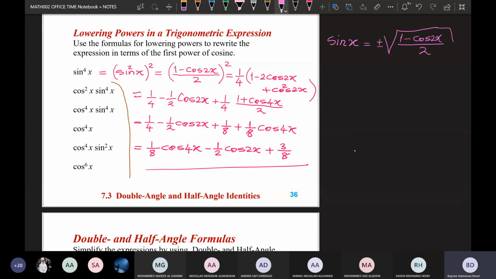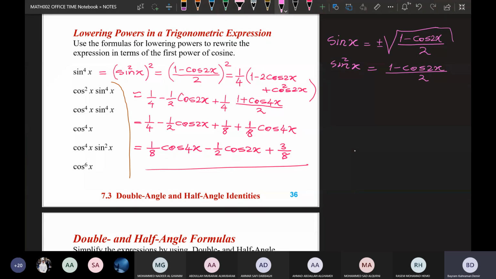So sine square will be, you see, Shabab, equal to 1 minus cosine of 2x divided by 2. You understand? So that is the sine square.